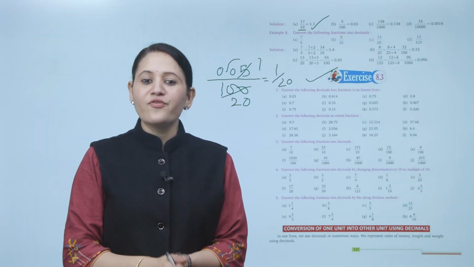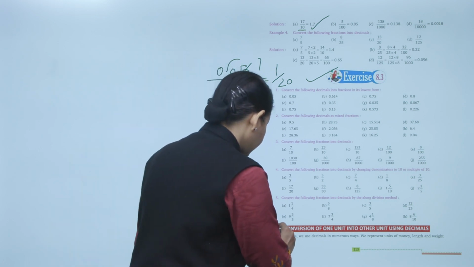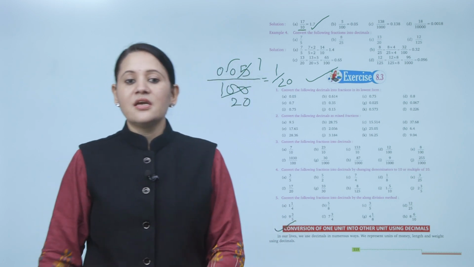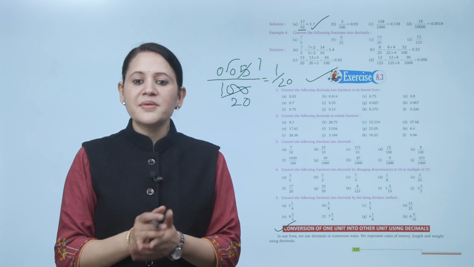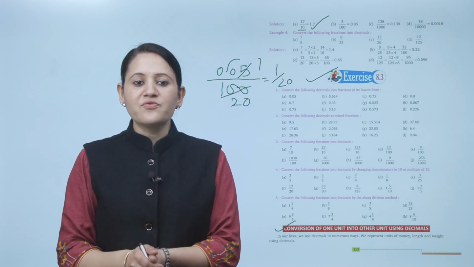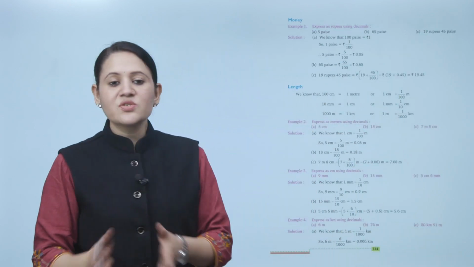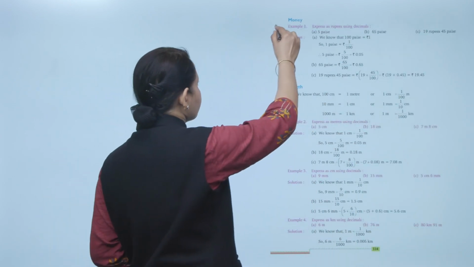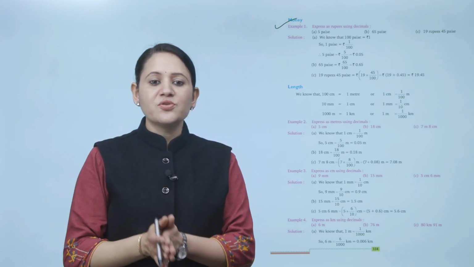Next is conversion of one unit into another unit using decimals. In our lives, we use decimals in numerous ways. We represent units of money, length and weight using decimals. First one is money. Express as rupees using decimals.